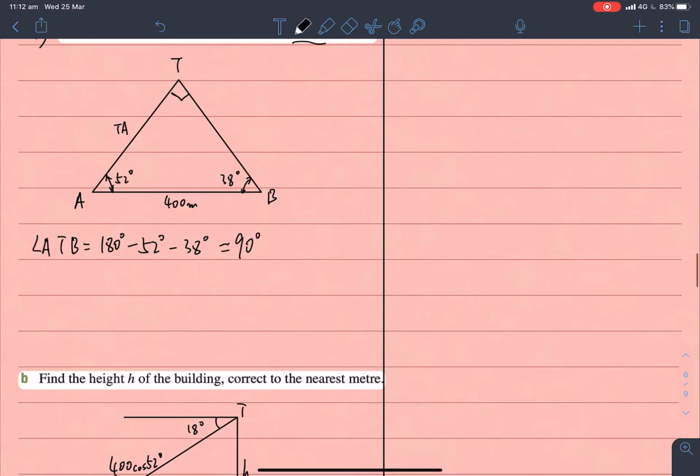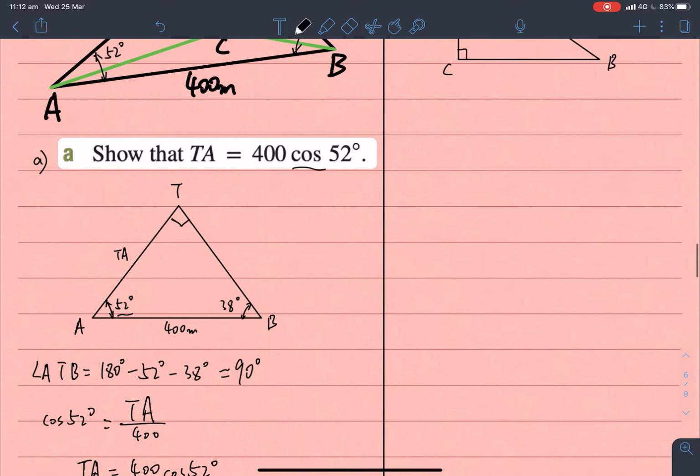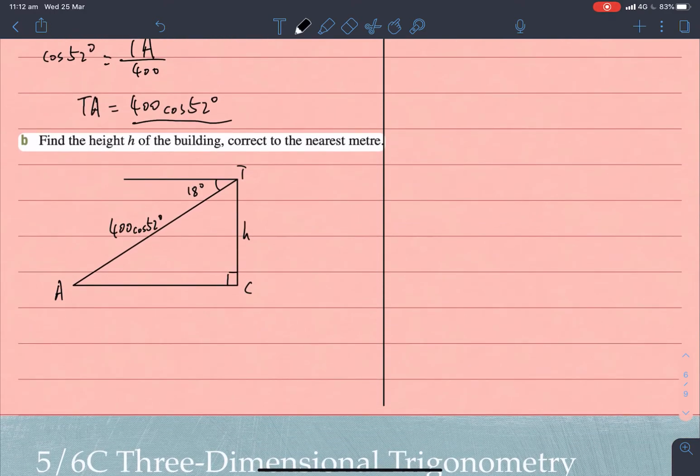Adjacent to this angle 52 here, so cos 52 degrees equals adjacent TA over hypotenuse 400. So TA equals 400 cos 52 degrees, exactly what it asked for. Done.